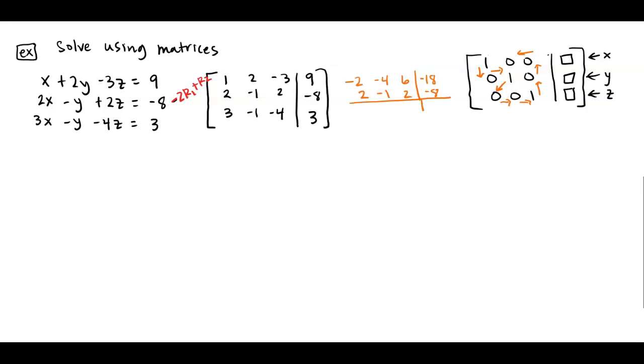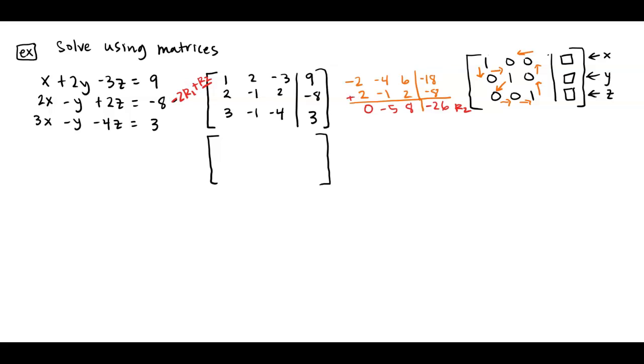And when I add these together, I get 0, -5, 8, and -26. And remember, this is becoming my new row 2. So if it helps you to write a little R2 out to the side so you remember, then do that. And that's the only one that was changing.